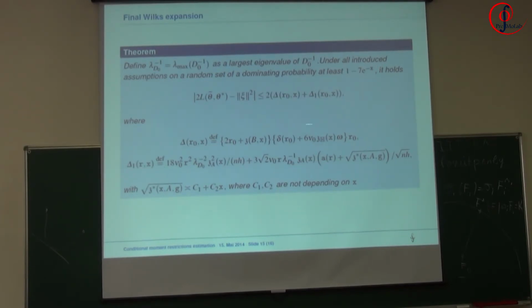These terms control our true deviation, so they depend on properties of our matrices and on our rate of interest. With high probability, this is the residual term.